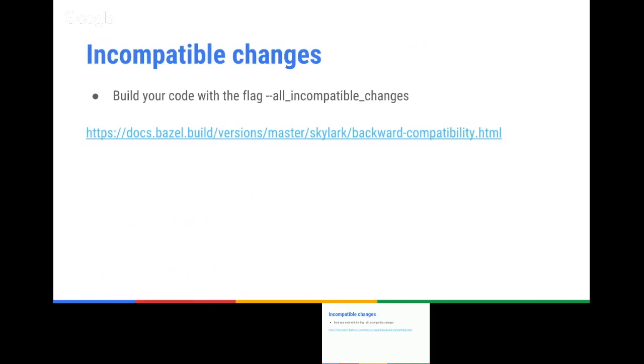As you notice, we are doing a lot of changes in Bazel, and I know that some people complained about it yesterday. So we added a flag, --all_incompatible_changes. So the idea is that when we do some backward incompatible change, we first put it behind a flag so that it's not enabled, but it allows you to try it. So if you build your code with this flag, it will try with the future changes, and it will allow you to make your code compatible with the future Bazel version.